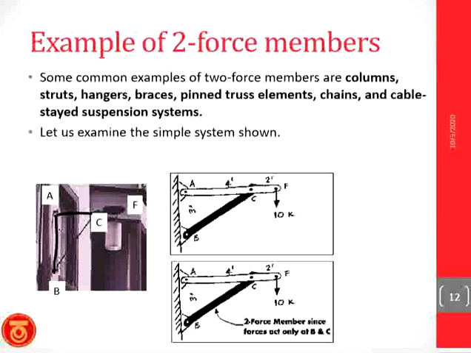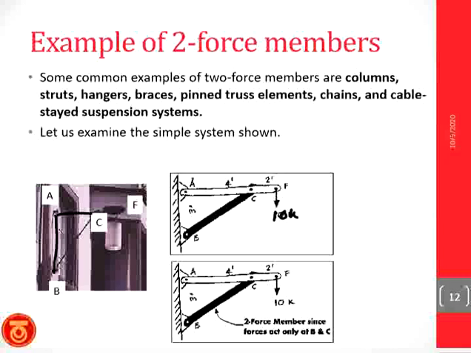Okay, here we have a lamp, and the force to hold the lamp is 10 kilonewton.